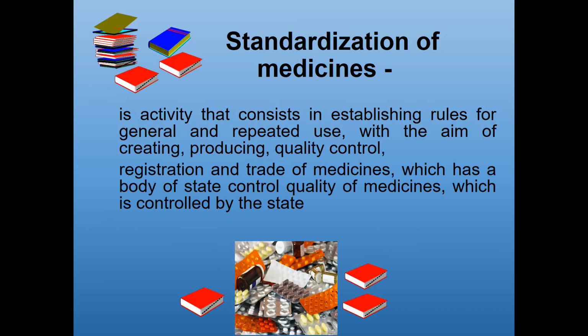Standardization of medicines is an activity that consists in establishing rules for general and repeated use with the aim of creating, producing, quality control, registration and trade of medicines, which has a body of state control of the quality of medicines, controlled by the state.